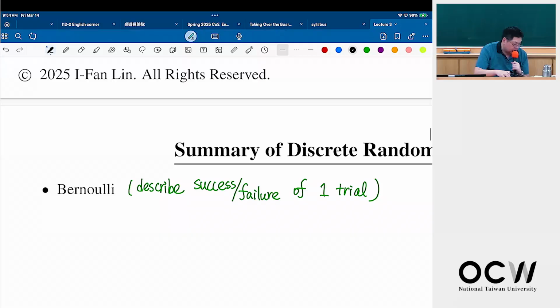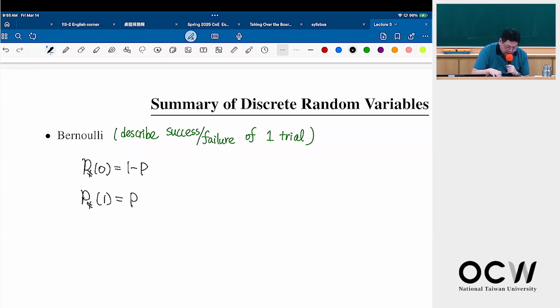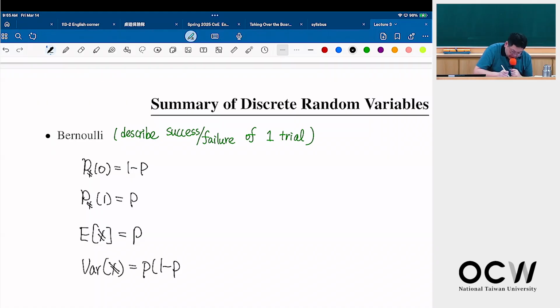And then the PMF is here. Then the expectation is p, and the variance is p times 1 minus p.